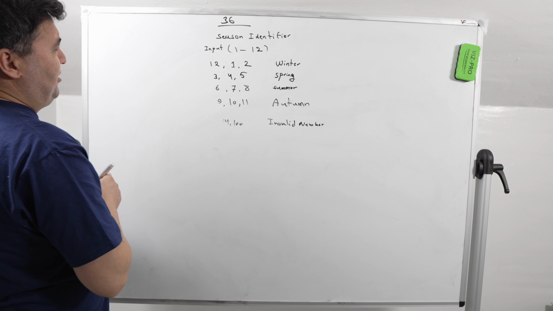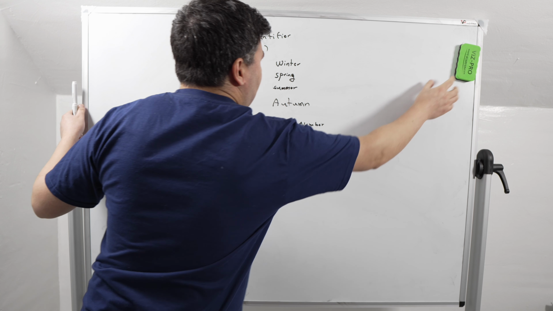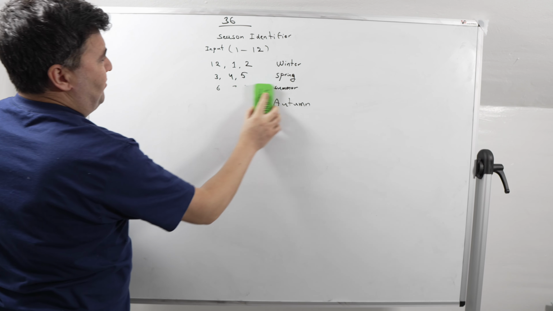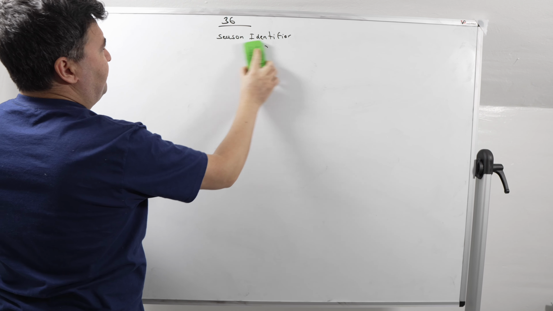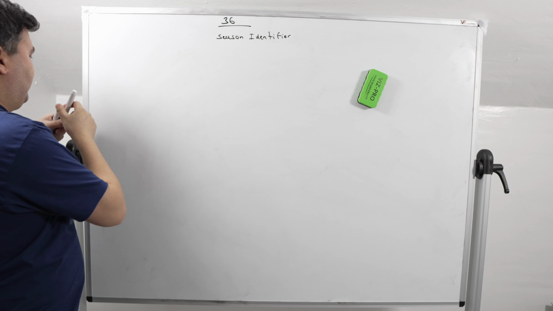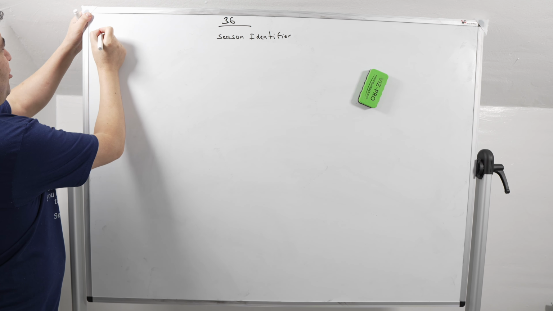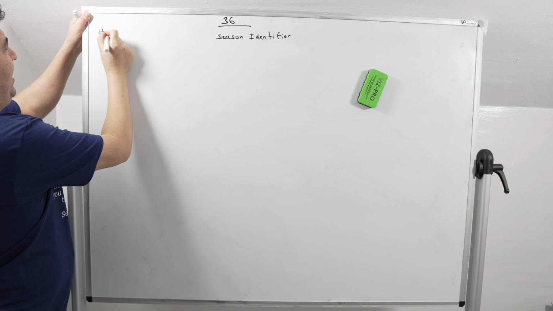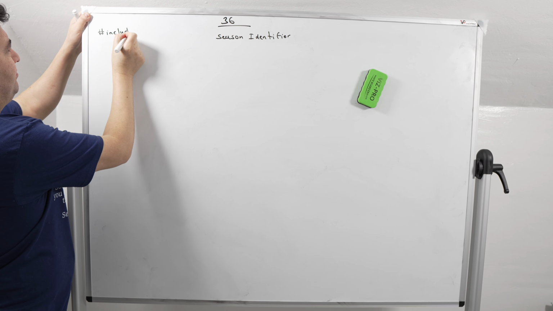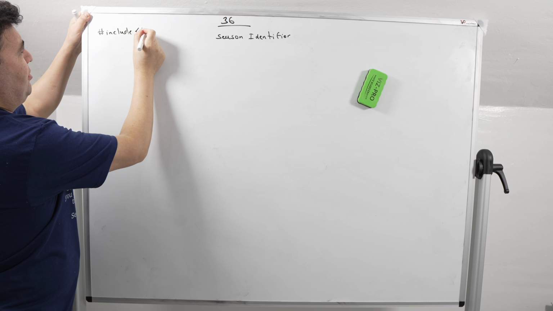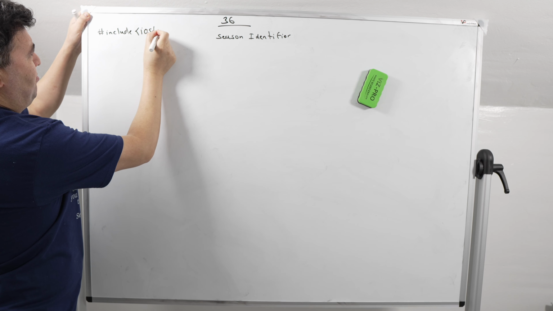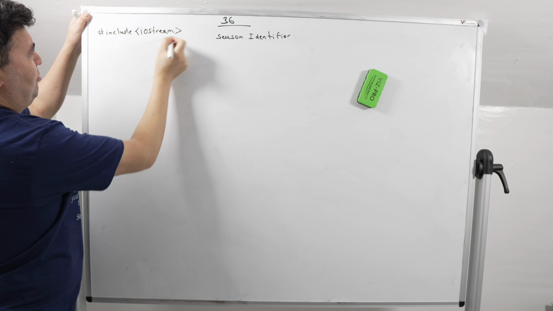So we start, let me clean this. So first, when we start writing C++ programs, we need to include the iostream library in our program. #include iostream.